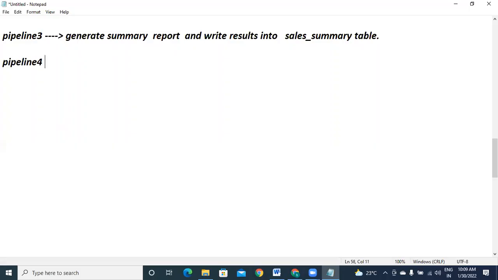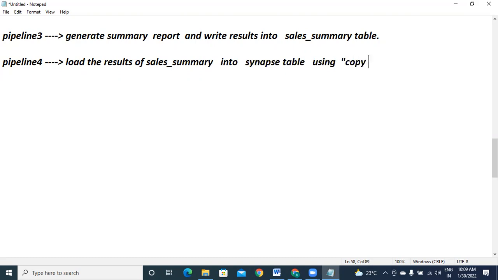Pipeline 4. Load the results of sales_summary into a Synapse table using the copy into activity. That's it.